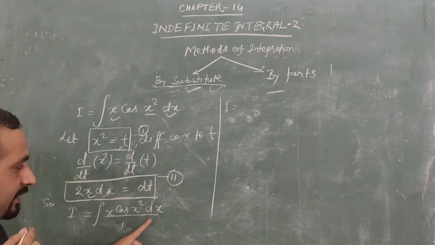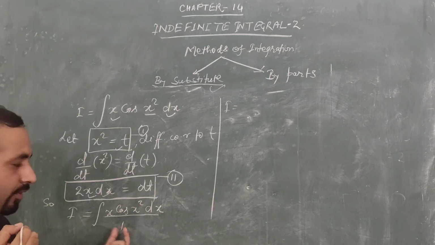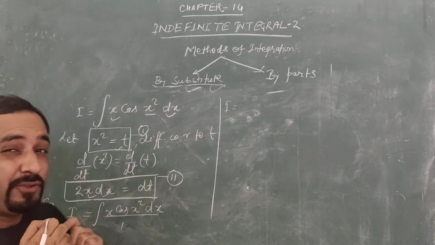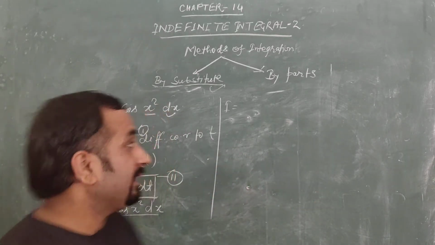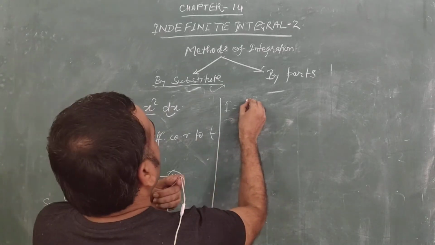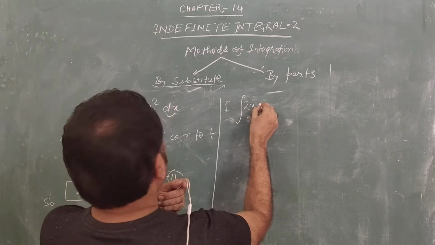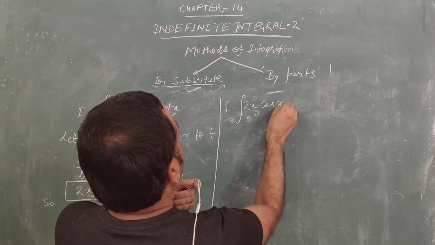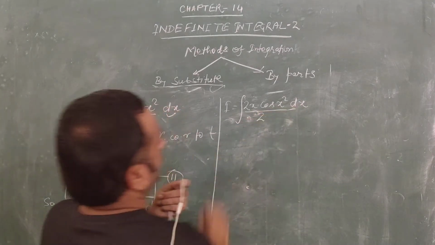Actually this portion is called the numerator. The numerator is x cos x square dx, and the denominator is 1. I am multiplying 2 in the numerator and also multiplying 2 in the denominator. So I am getting here the integral of 2x cos x square dx upon 2.